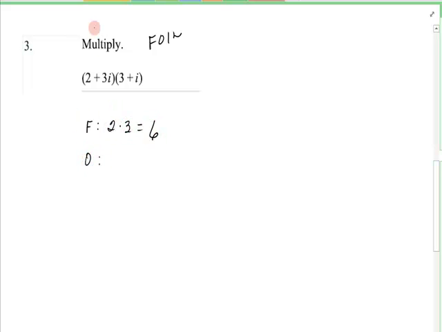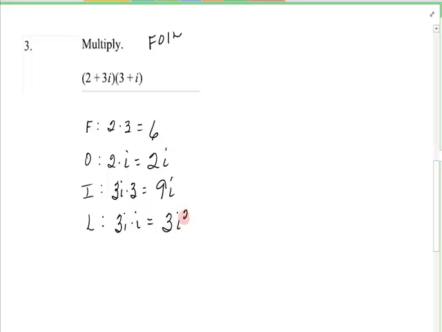Outer, I have 2 times i, which is 2i. Inner, I have 3i times 3, which is 9i. Last, I have 3i times i, which gives me 3i squared.